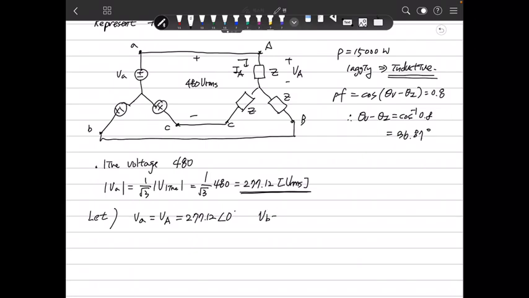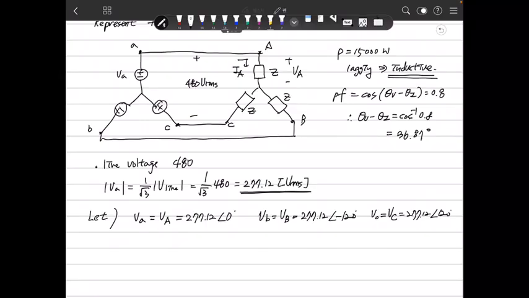Then we know that VB will be the same magnitude at minus 120 degrees, and VC will be 277.12 at 120 degrees. The unit is volts RMS.